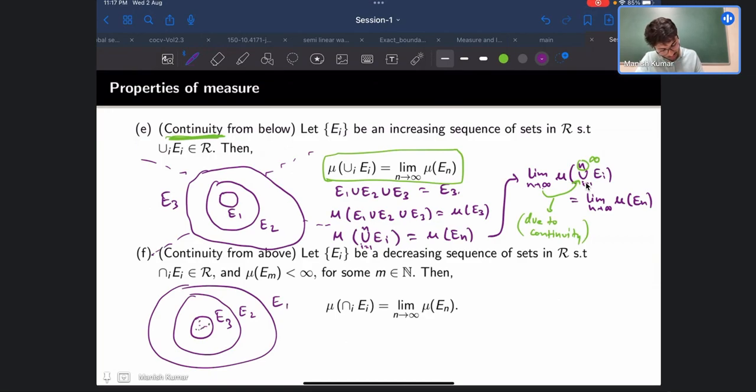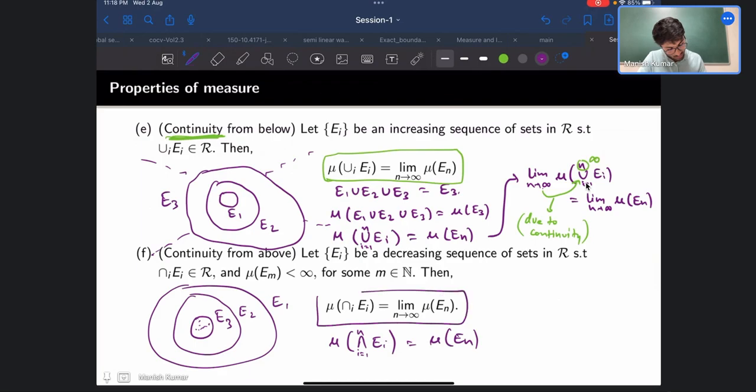Here also you can see that mu of the intersection of Ei, i from 1 to n, is basically the measure of En. And by similar reasoning, when mu is continuous, you can take the limit inside, and this is what you get. So this statement is called continuity from above.